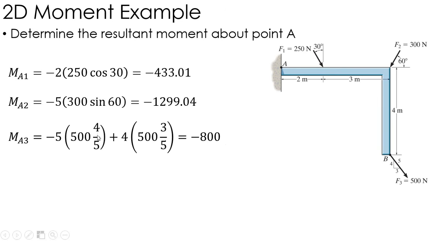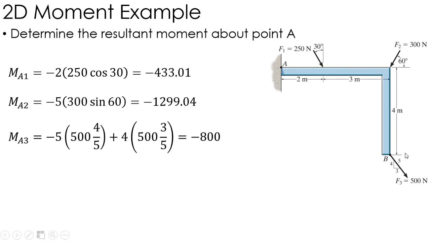So I would have negative 5, that would be the 5 meters, times 4/5 times 500. Now, the horizontal component, that's the 3/5 component, that is a perpendicular distance of 4 meters away.